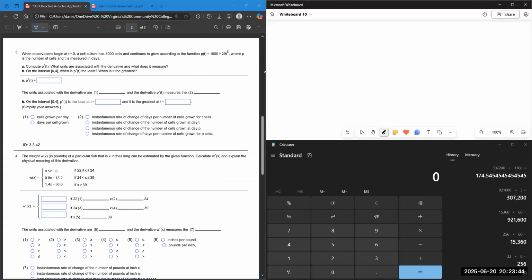Now we're talking about the growth of a cell culture that starts with 1,000 cells and grows according to the model P of t is equal to 1,000 plus 29 t to the 5th. P prime of t will be 29 times 5, which is 145 t to the 4th.